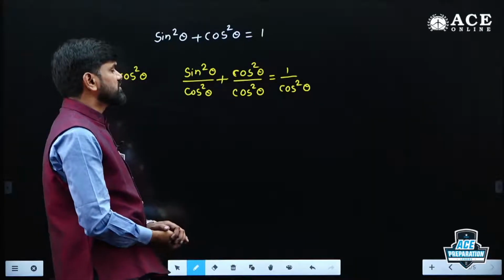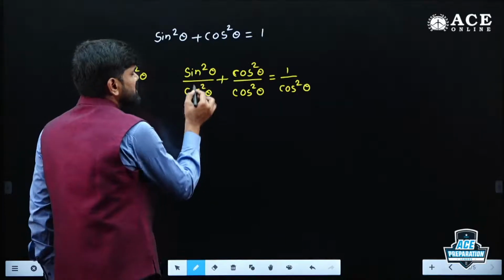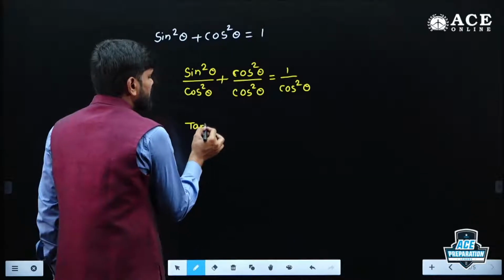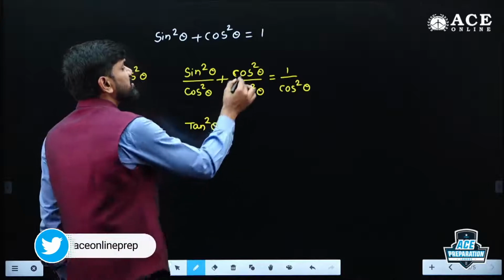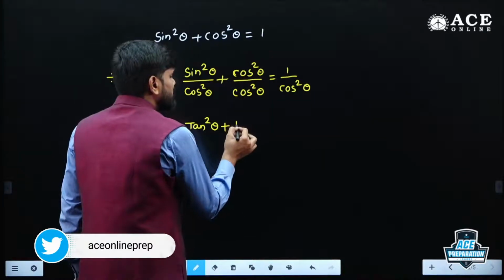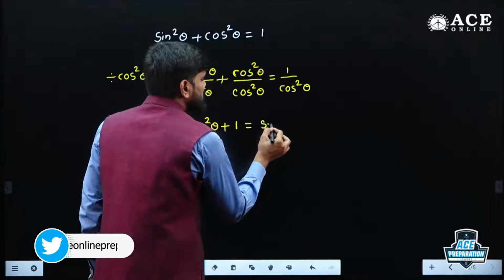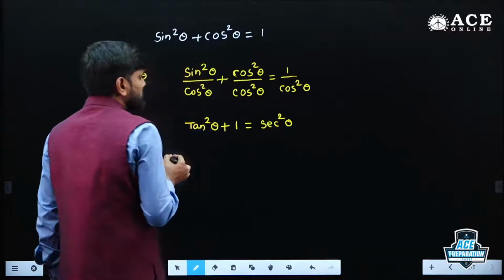This will give you what? Sin theta by cos theta will give you tan theta. So sin square theta by cos square theta will give you tan square theta, plus cos square theta by cos square theta, that will give you 1, is equal to 1 by cos square theta, and 1 by cos is nothing but secant. So 1 by cos square theta is nothing but secant square theta.